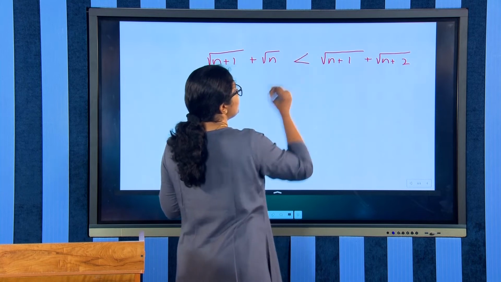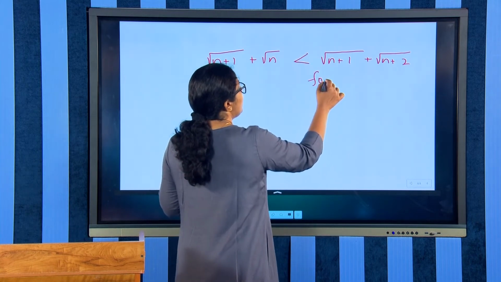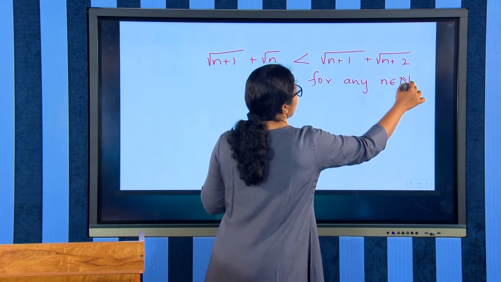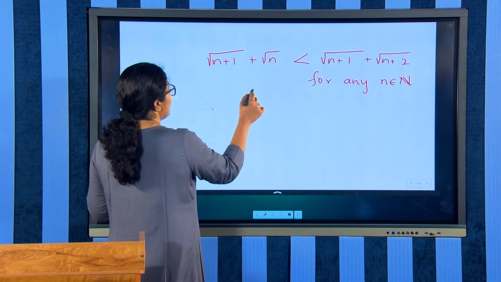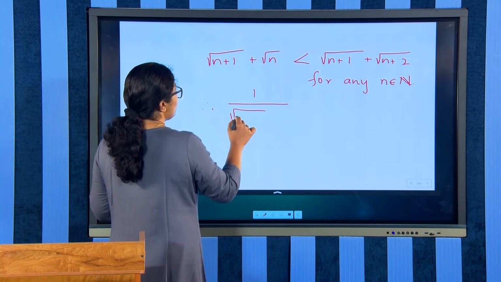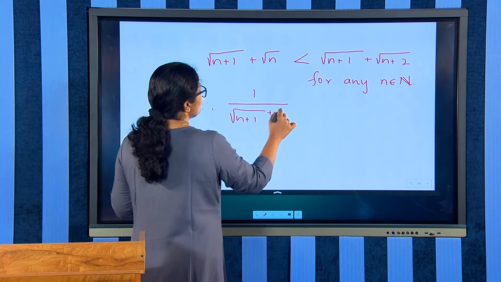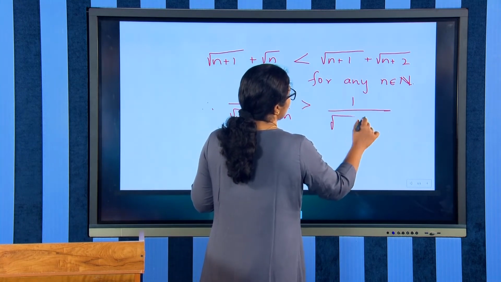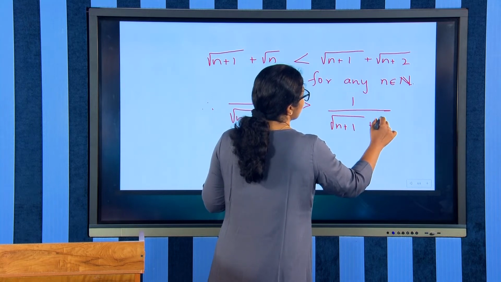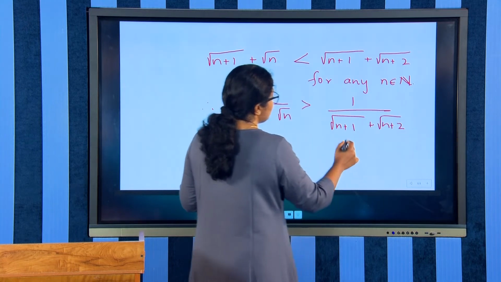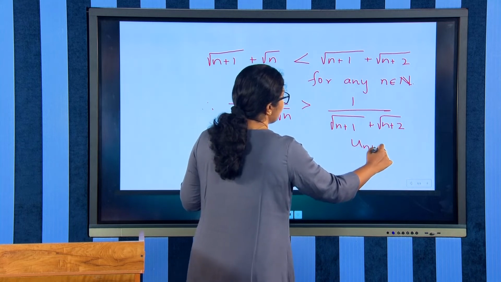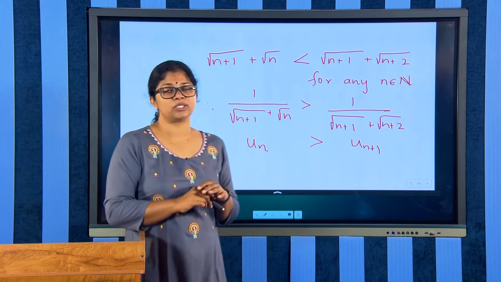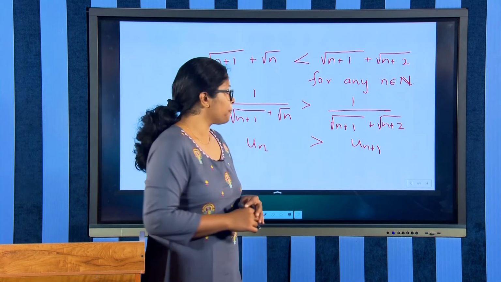So, this is less than this term for any natural number. Therefore, 1 upon root of n plus 1 plus root n will be greater than 1 upon root of n plus 1 plus root of n plus 2, and this was your Un plus 1 and this was your Un. So, you have proved that Un is much larger than Un plus 1.